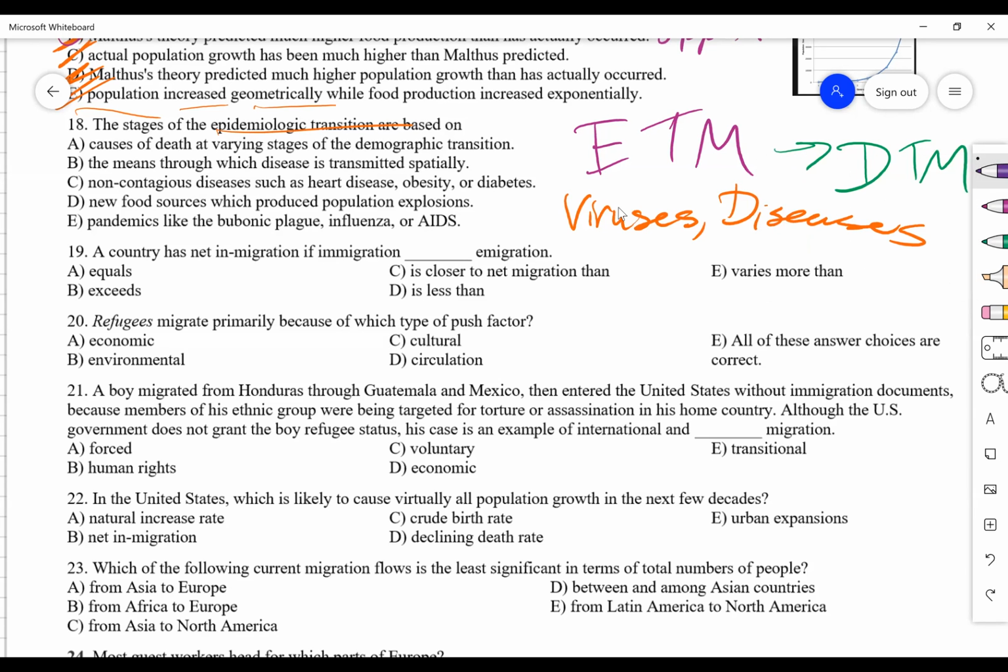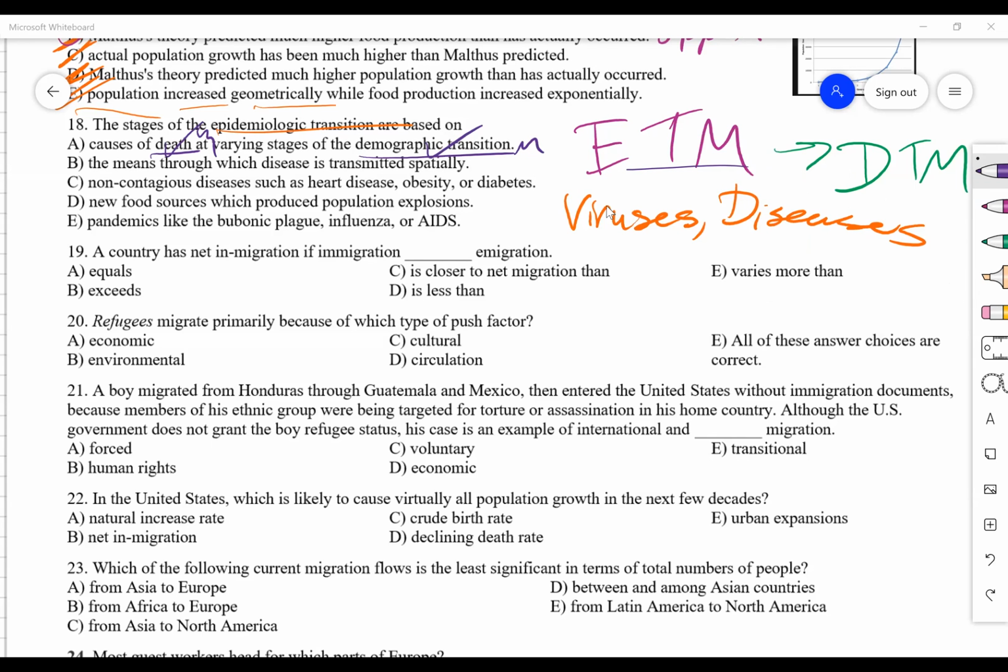Okay, let's see. So without even knowing anything besides the definition of epidemiologic transition right here, let's go eliminate some things. Causes of death at varying stages of the demographic transition. So we talked about DTM right here, so I can agree with that part. Diseases sometimes cause death, so that's a maybe right now. So let's keep it. The means through which disease is transmitted spatially.